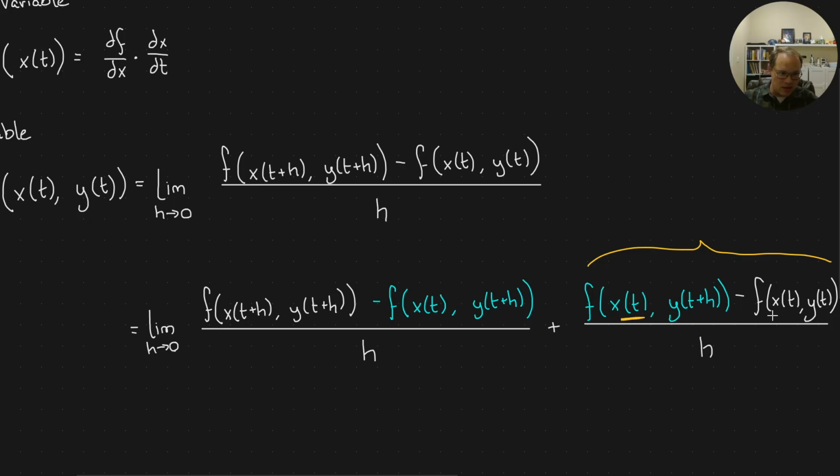The x is staying the same in both these function evaluations, but the y changes. I go from y of t to y of t plus h. And that allows me to focus on just how the x is changing over here and just how the y is changing over here. Okay?